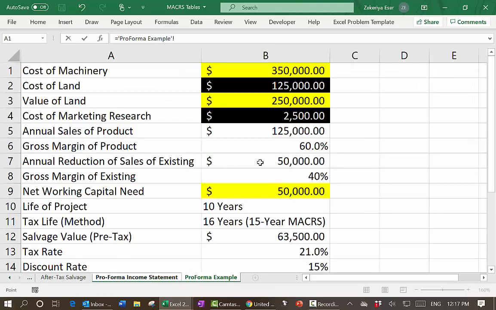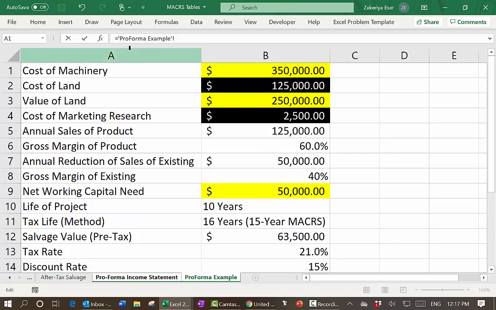Each year, there's a reduction of $50,000 of our existing products. And on our existing products, we get to keep only 40% of our sales as gross profits. That means each year we will actually lose, in terms of gross profit, 40% of those $50,000.